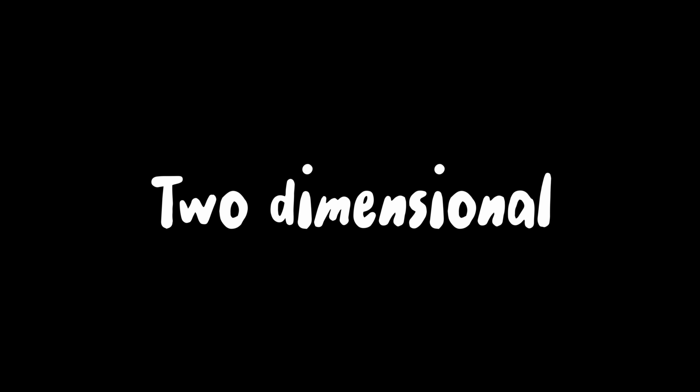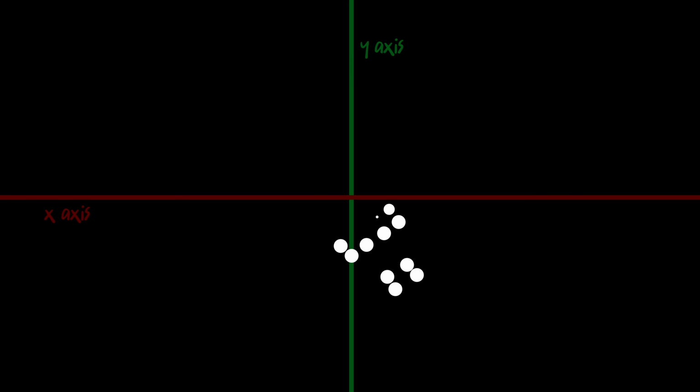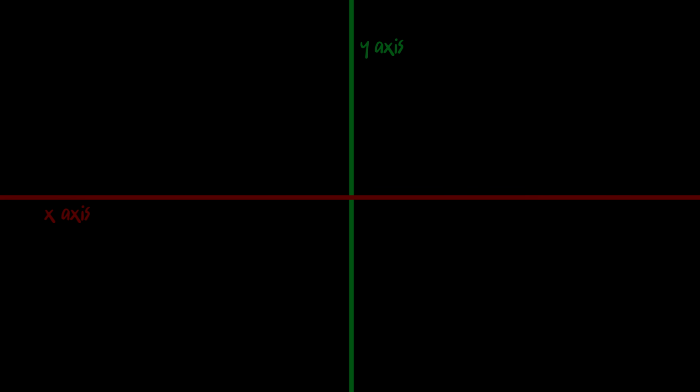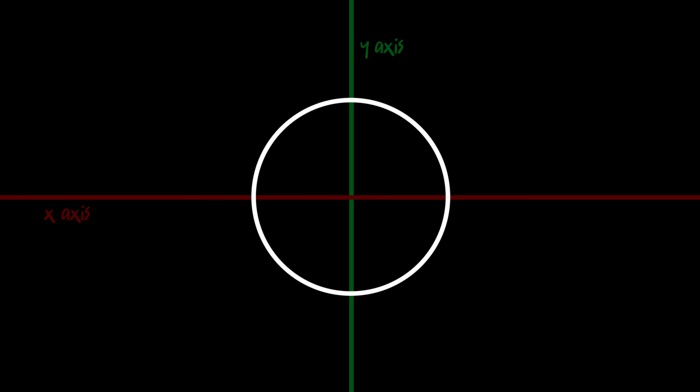So now let's discuss the difference between 2D and 3D. So what is 2D? It means two-dimensional, which is represented by the x-axis for the horizontal direction and y-axis for the vertical direction. If you plot your image into this x and y axis, then it's 2D. 2D shapes are square, circle, triangle, etc. What is 3D?